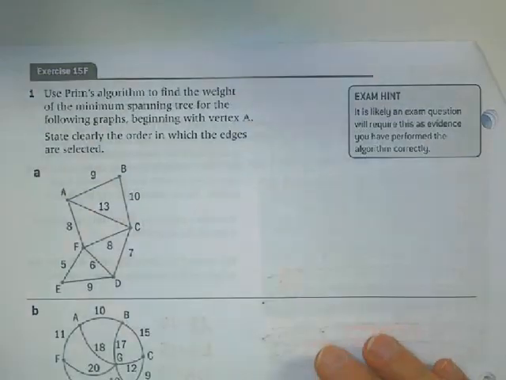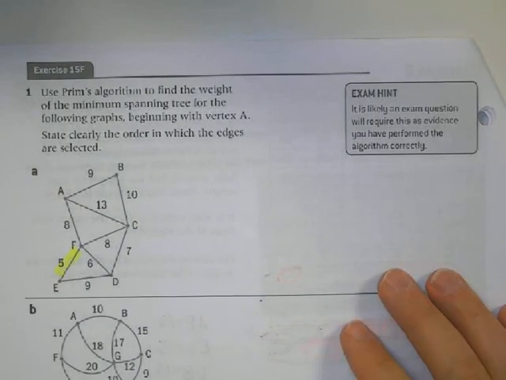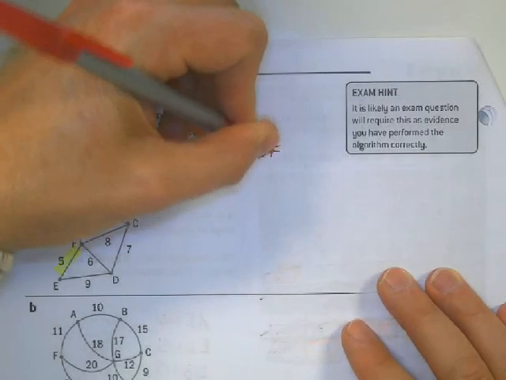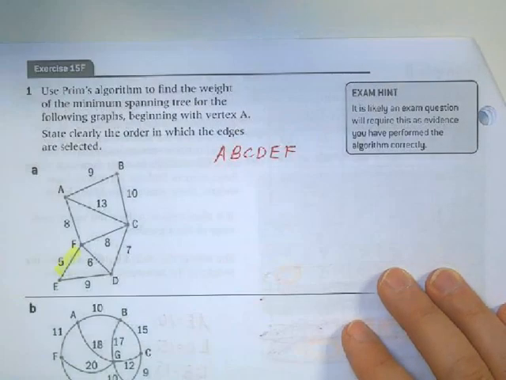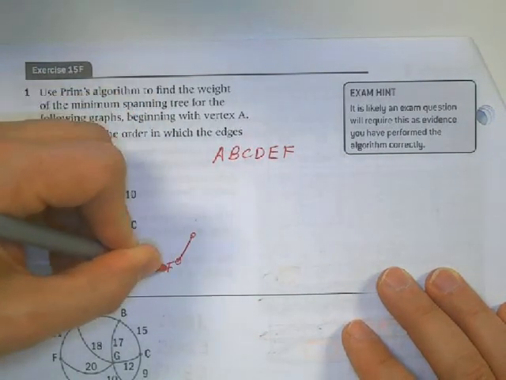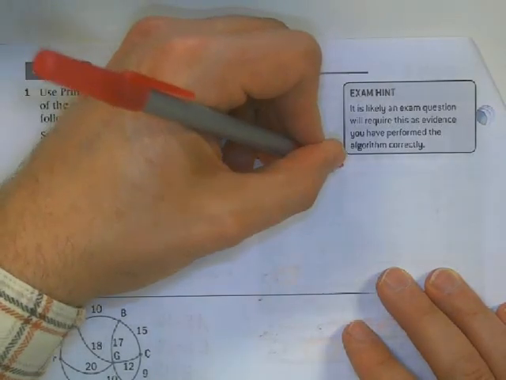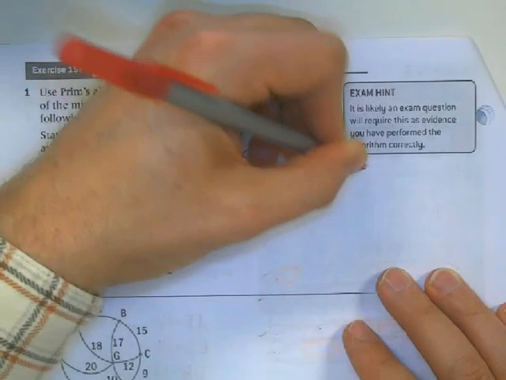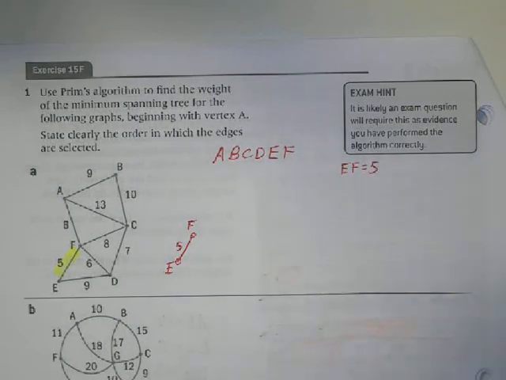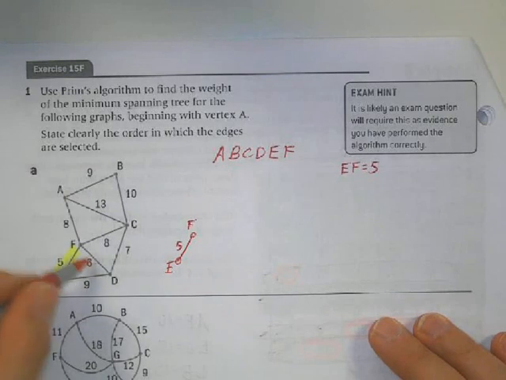The least weight edge I see is E to F. So A, B, C, D, E, F. I'm going to draw E to F, and that is 5. Now the next shortest one that I see on here is F to D.